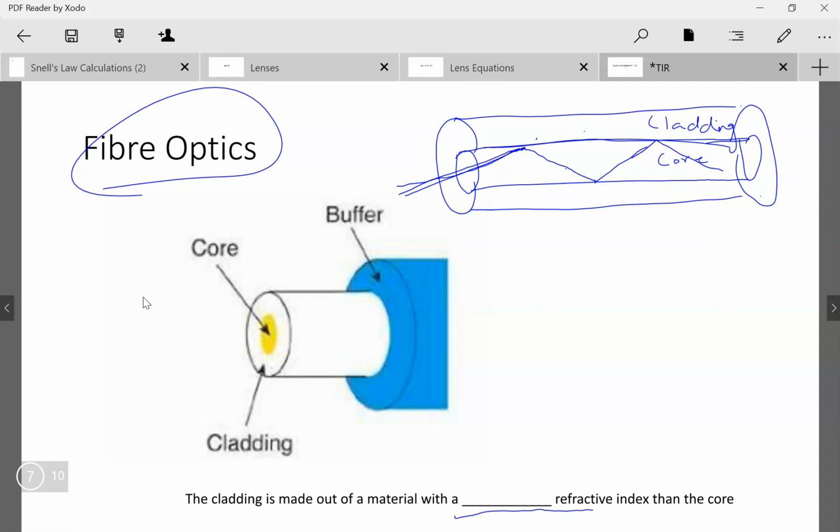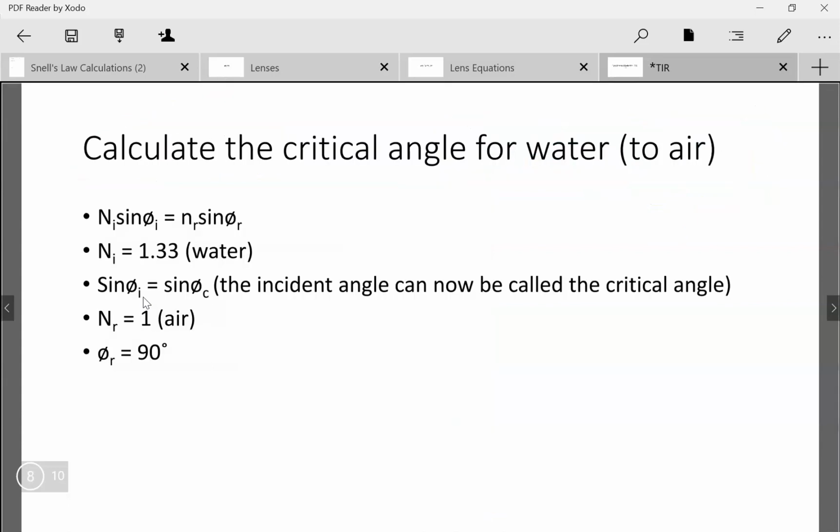So again, for total internal reflection to occur, it has to be going from a denser to a rarer medium, right? So the cladding should be made with a lower refractive index, or the cladding is rarer than the core. Only then the light will bounce off and keep getting totally internally reflected, because here's the cladding as well, right? And then it travels through the core like so.